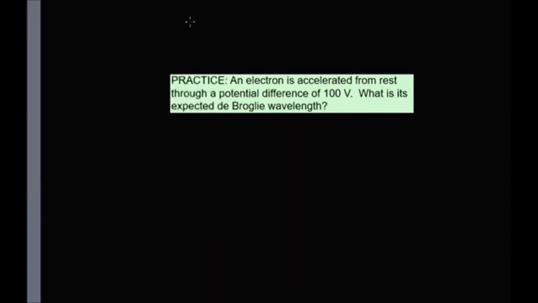Okay, so we have the wavelength equals h over p, which is h over mv. This is the one that we're going to use, because we know the mass of the electron, and we're given the energy, so we can figure out its velocity. Okay, so how do we do that?